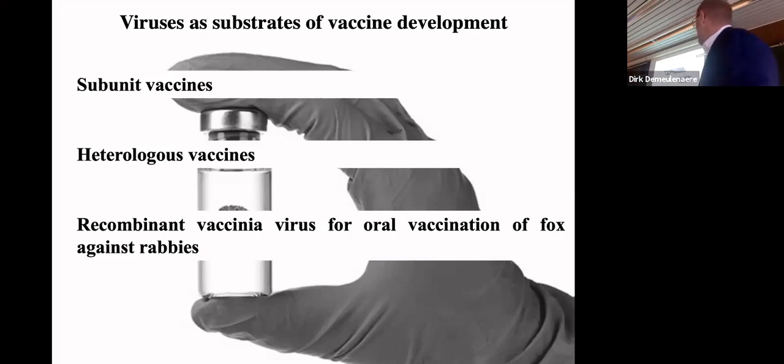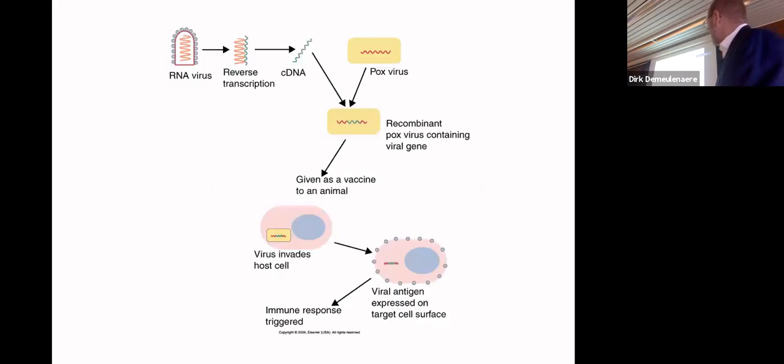And I already described this story about the production of a vaccinia virus for oral vaccination of foxes against rabies. The idea originated from Geoffrey Smith, who was my boss in Oxford, and he was one of the first to prove that you can make a recombinant virus expressing a foreign gene.